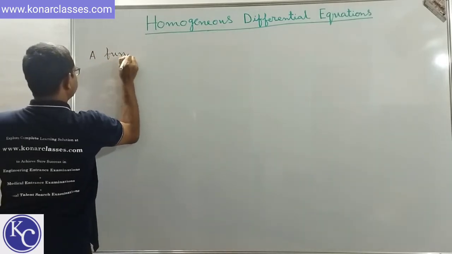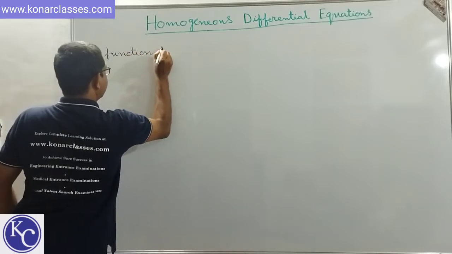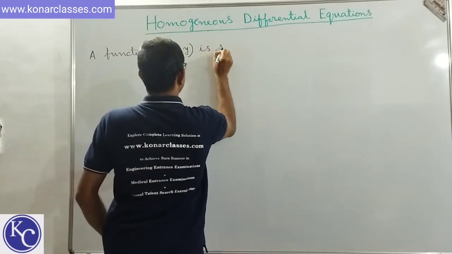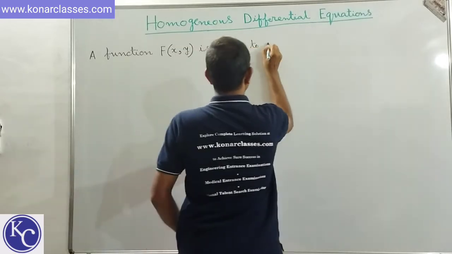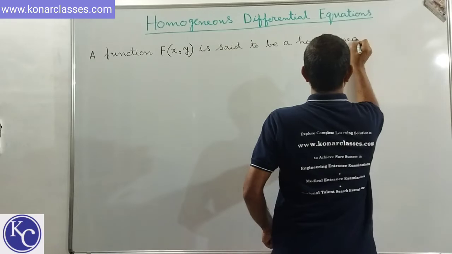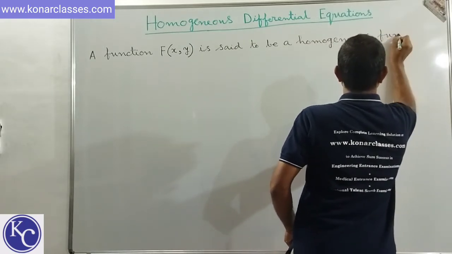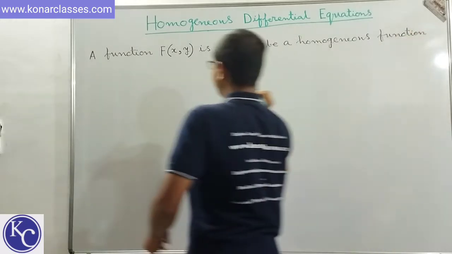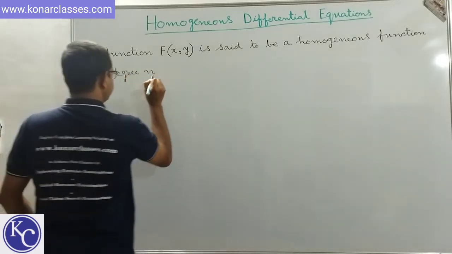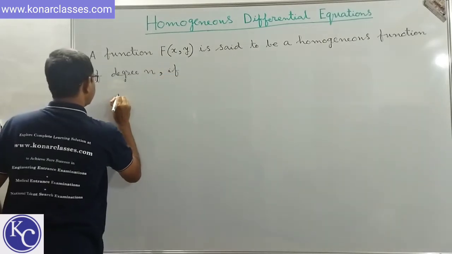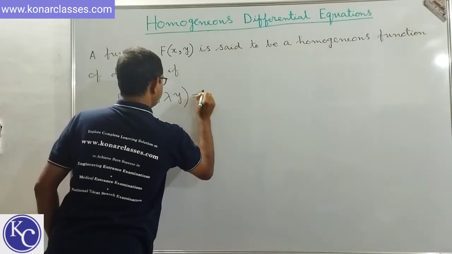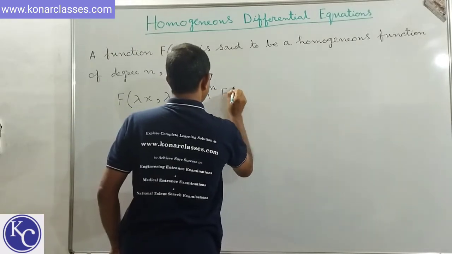A function f(x, y) is said to be a homogeneous function of degree n if f(λx, λy) is equal to λ to the power n f(x, y).